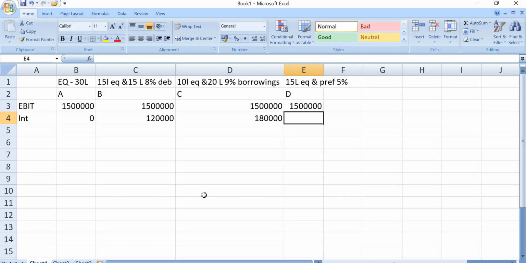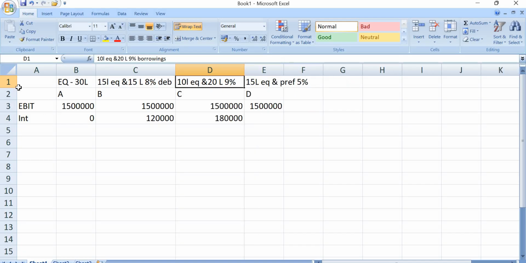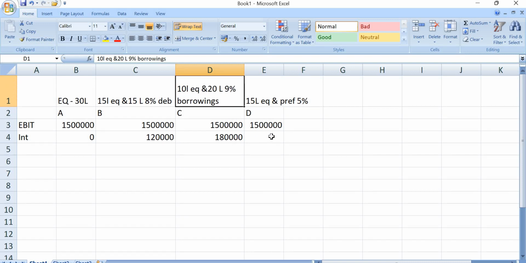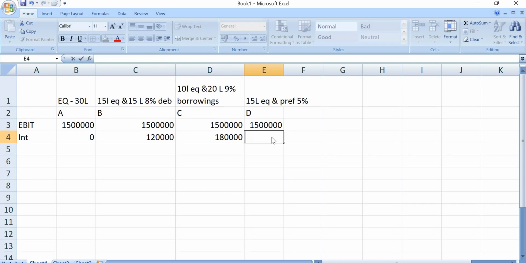So here I'm not going to pay any dividend, right? So here also there is no interest.